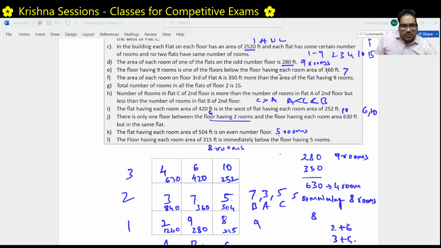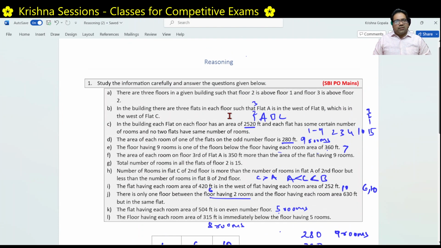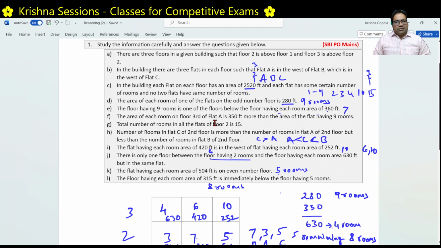The information given is actually sufficient. We have used all the criteria that was actually given. Please try to draw it yourself once again so that you get comfortable with these kinds of problems. Thank you guys, all the best.